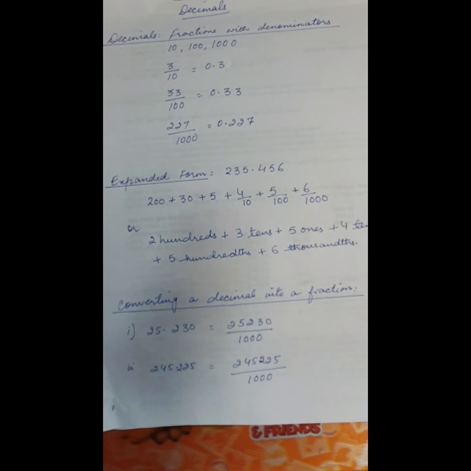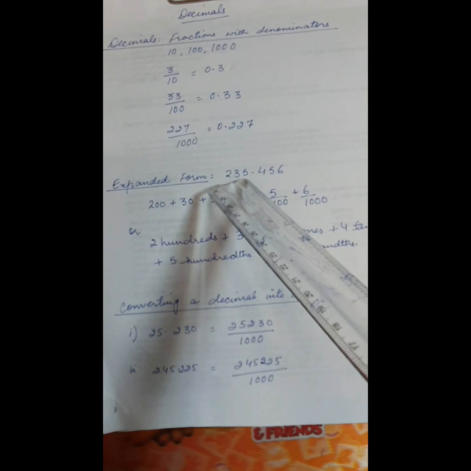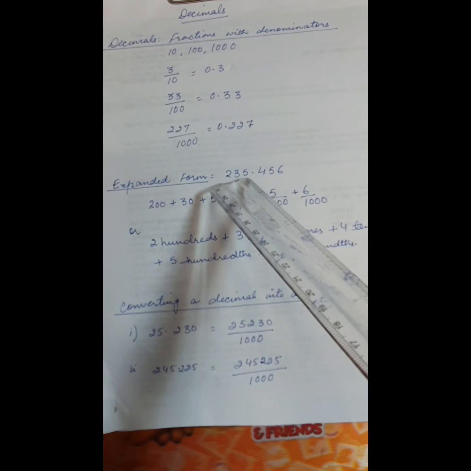Expanded form of decimals. For example, you have a number 235.456. How to expand this? The whole number 235 will be expanded as it is, so 200 plus 30 plus 5.